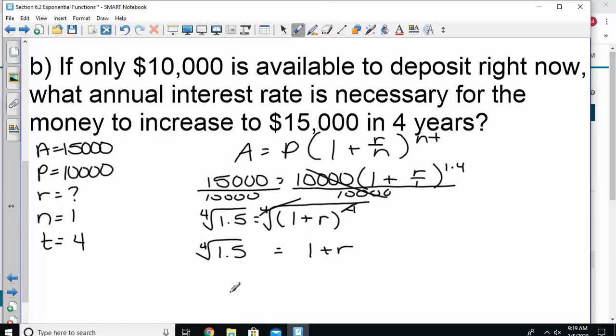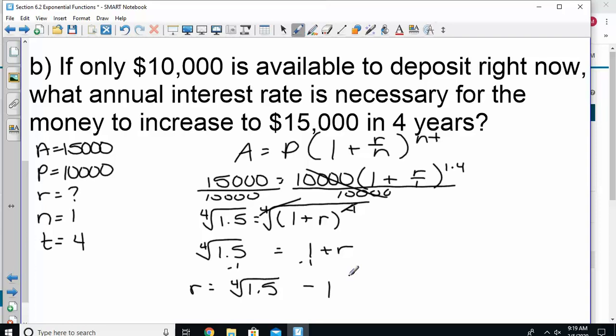What would be the next step? Subtract your 1. So we have the 4th root of 1.5 with a minus 1 on the end. That's what I'm going to put in my calculator.